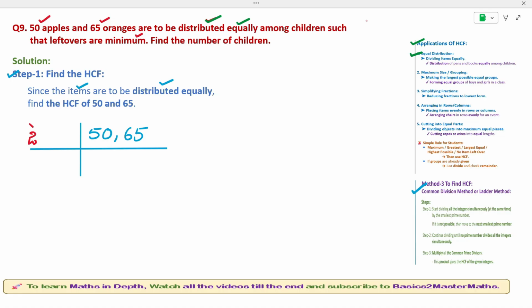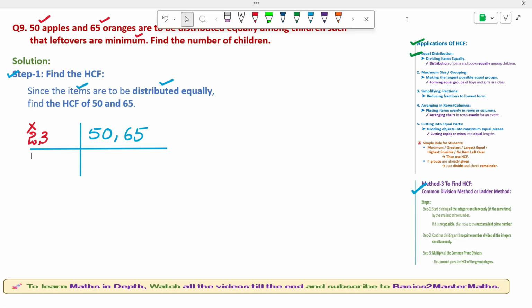Since 2 does not divide both 50 and 65 exactly, move to the next smallest prime 3.